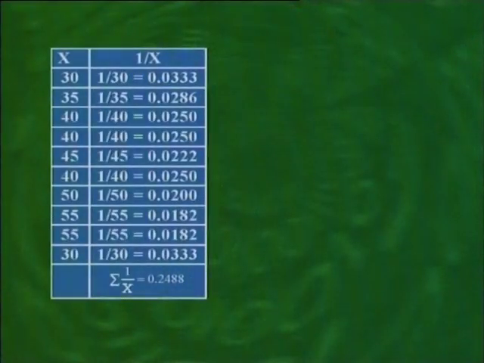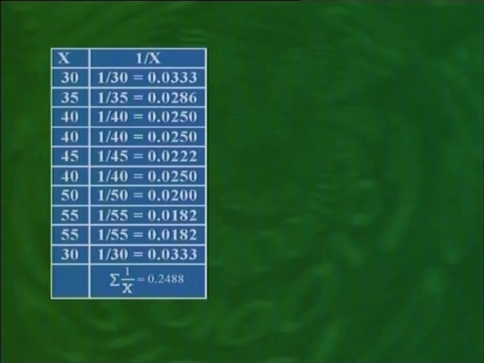We have the column of x, that is the column of speeds, as 30, 35, 40, 40, and so on. And in order to compute the harmonic mean, the first step is to find the reciprocal of each one of these x values. Doing that, the first reciprocal comes out to be 0.0333, the second one as 0.0286, and so on.